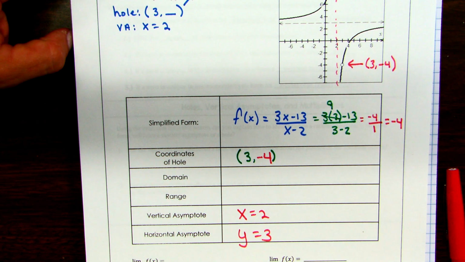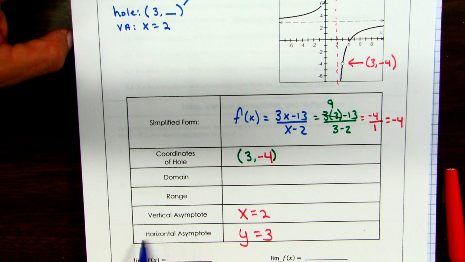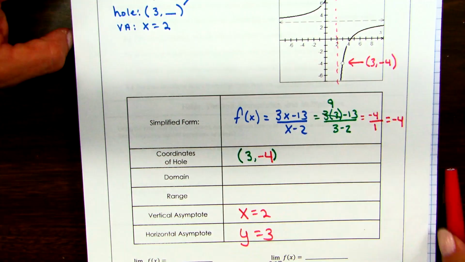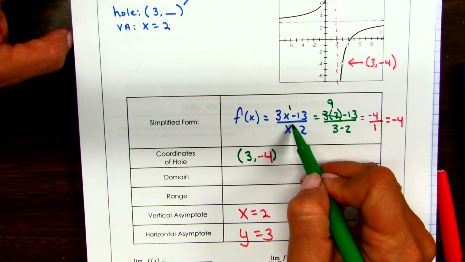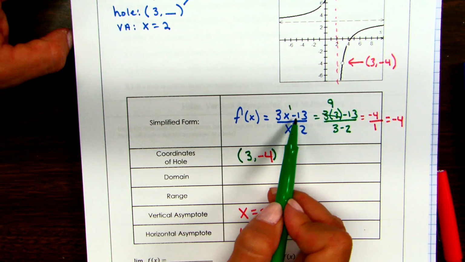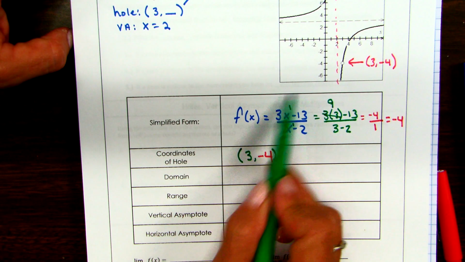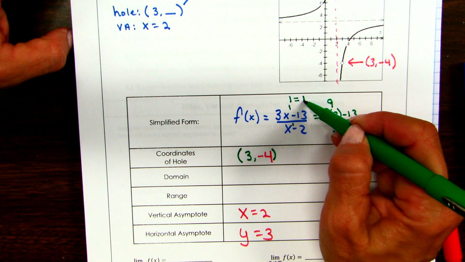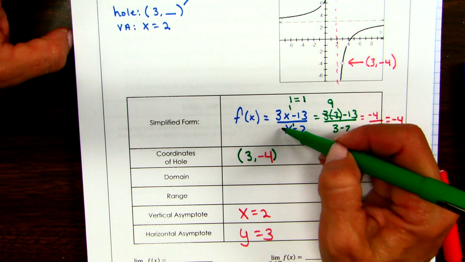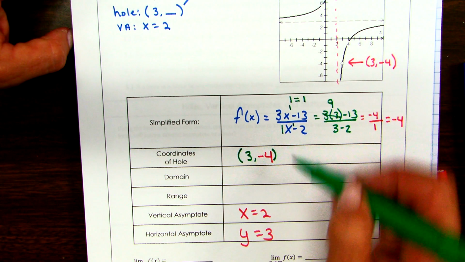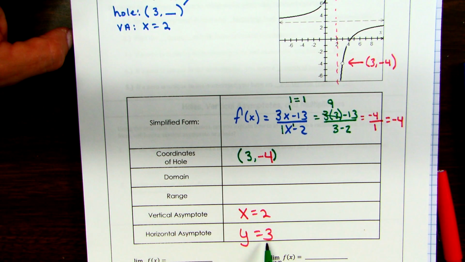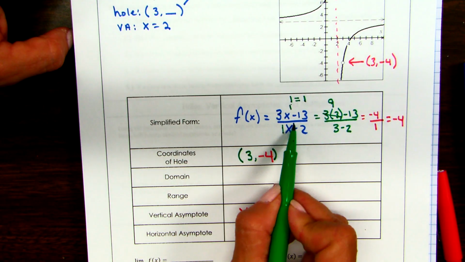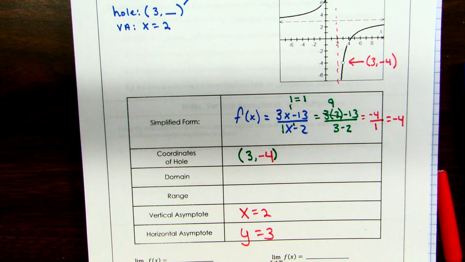When you are looking for the HA, we look at the degree of the numerator versus the degree of the denominator. Remember that? And we do it on the simplified version, okay? So remember, when the numerator's degree is equal to the denominator's degree, we then look at the leading coefficients. 1, 1, same, 3 over 1 is 3.